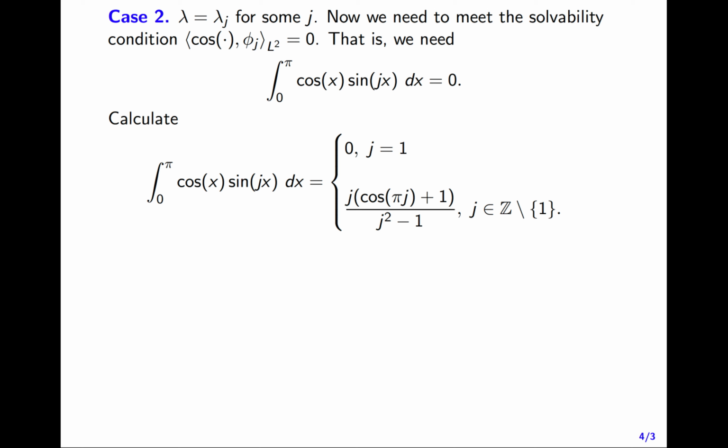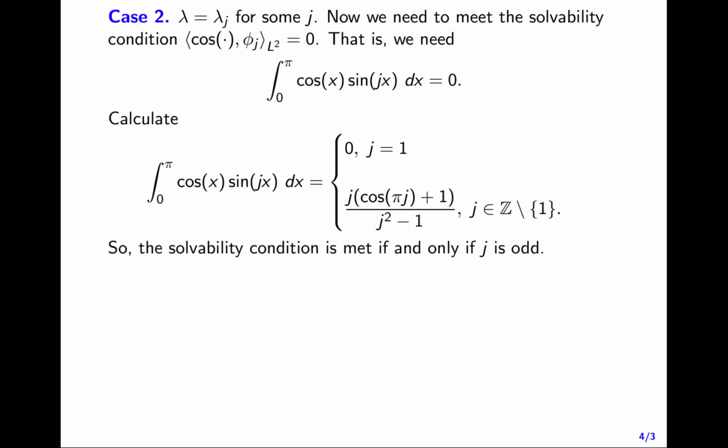Now we can calculate what this integral is, just doing it by hand or a computer algebra system, or going back to what the Fourier sine coefficients for cosine were, if we had done that previous exercise. This integral is equal to 0 when j = 1, and it is equal to j(cos(πj) + 1)/(j² - 1) whenever j is an integer that is not equal to ±1.